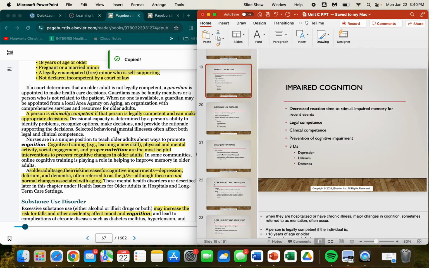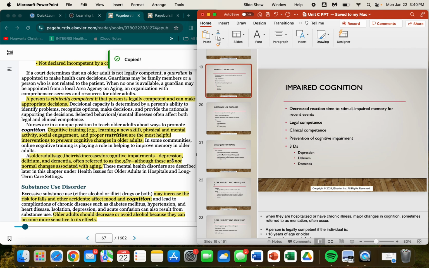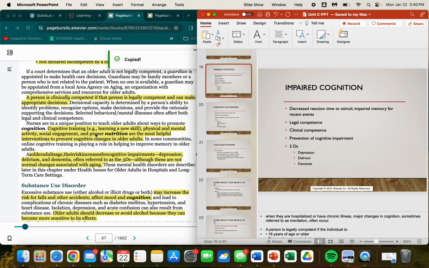So if, for example, they have a mental illness or some really significant clinical illness that causes them to not be able to respond, then they would not be able to make clinical decisions. So as nurses, we want to continue to encourage and help promote cognition as best we can in the older adult.